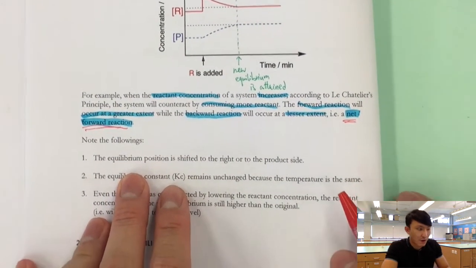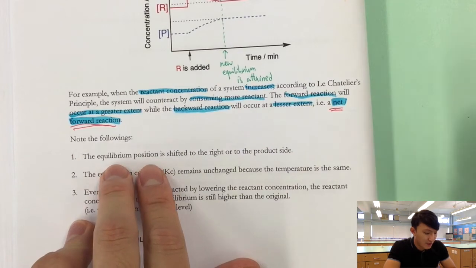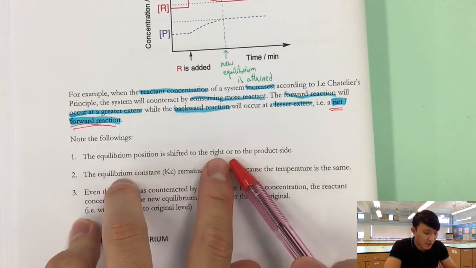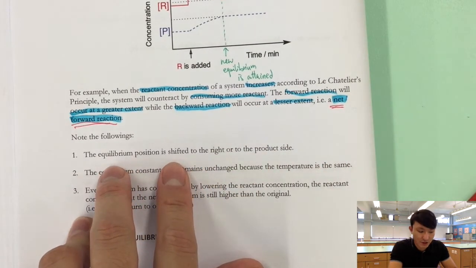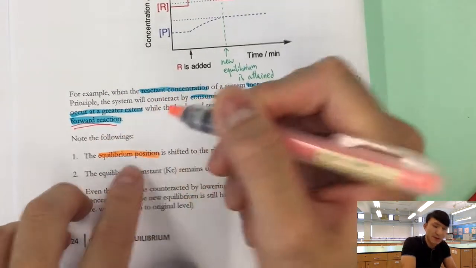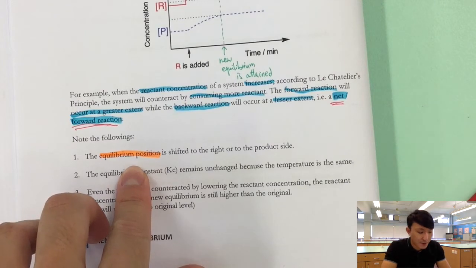Now, notice the following. The equilibrium position here, we say that the equilibrium position is shifted to the right, or to the product side. What do you mean by equilibrium position shifted to the right? This is how we describe the change that is happening in a system.